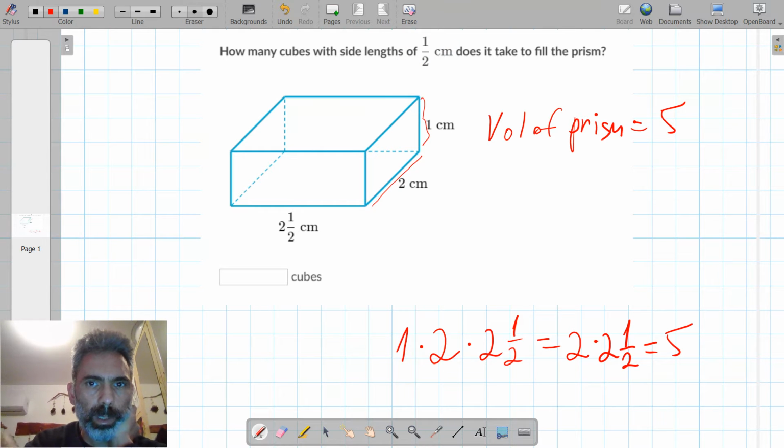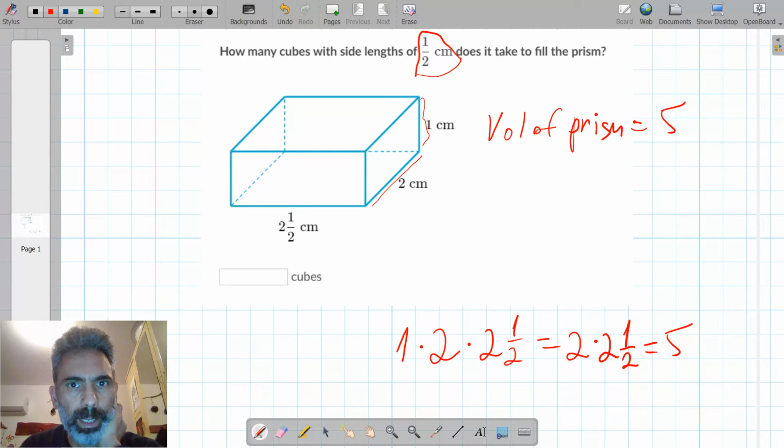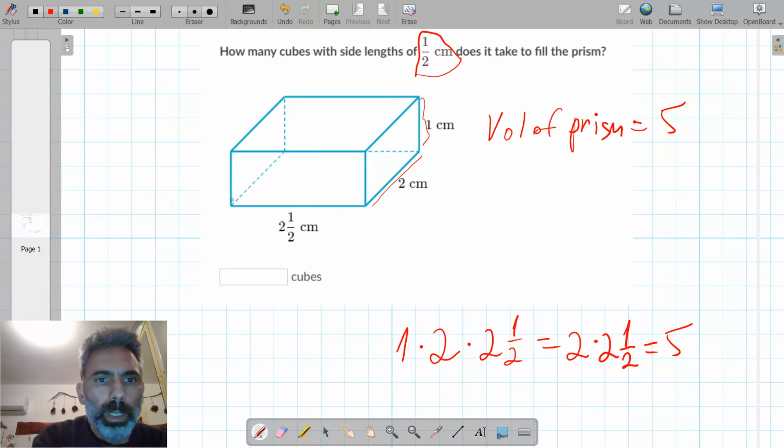Okay. And we have now small cubes with side lengths of 1/2 centimeter. So each little cube has a side length of 1/2 centimeter.